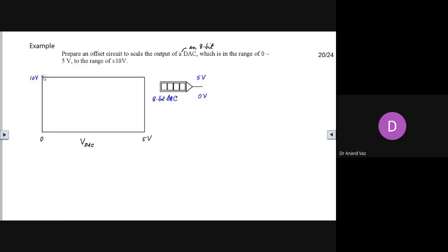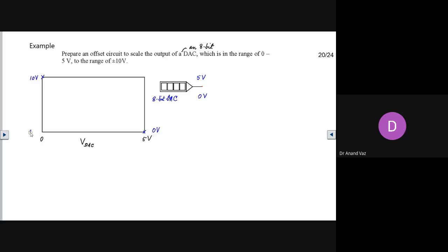So we have one point here. When you are outputting 0 volts from the DAC, your offset circuit should produce 10 volts. And when you are outputting 5 volts from the DAC, your offset circuit should produce 0 volts.